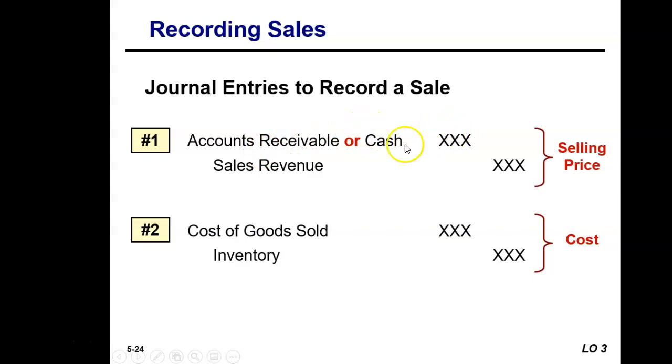You'll debit those accounts and credit sales revenue. The second entry says, what was the amount that the company paid for those items that were sold to their customers? That amount goes to the account called cost of goods sold, which is an expense account. You're then going to credit your inventory account for, again, the cost that the company paid for those same items.